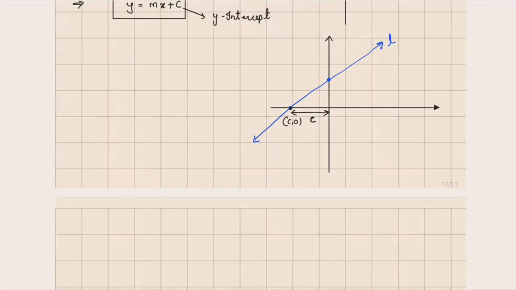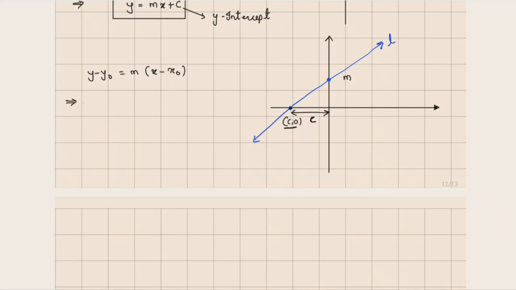If we know x-intercept, then we know the point where it intersects the x-axis, which is c comma 0, and we know the slope of the line. Then from the point slope form, y minus y naught equal to m into x minus x naught, just substitute c comma 0 for x naught comma y naught.